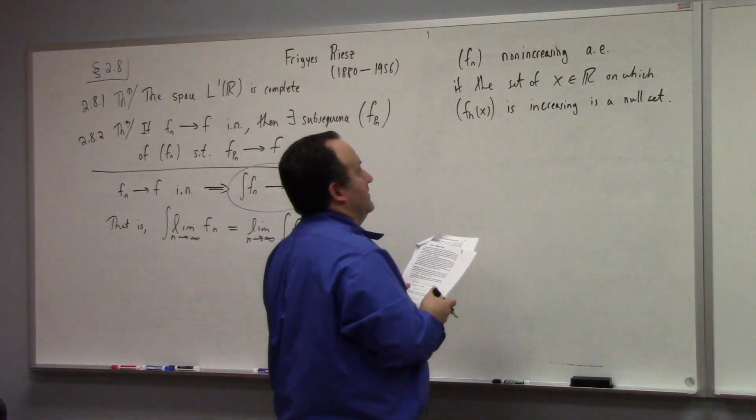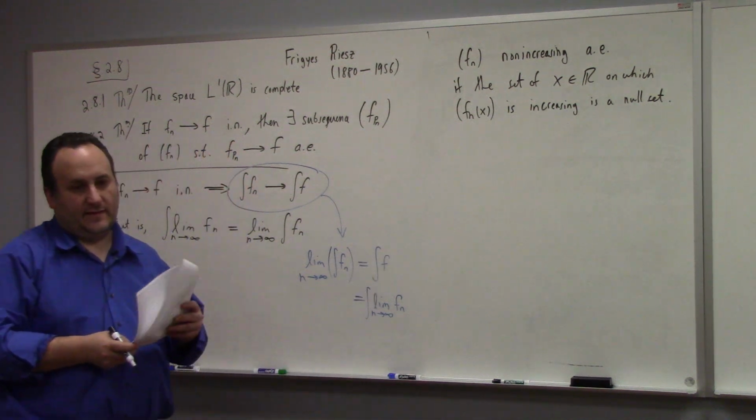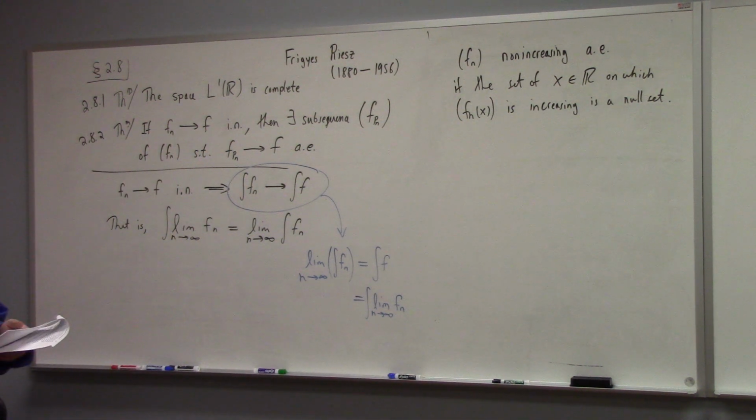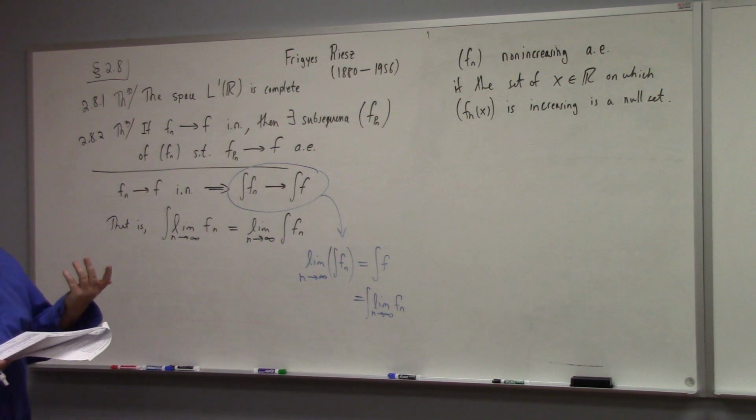All right. So non-increasing almost everywhere means what it sounds like. The set of points on which it's increasing is a null set.